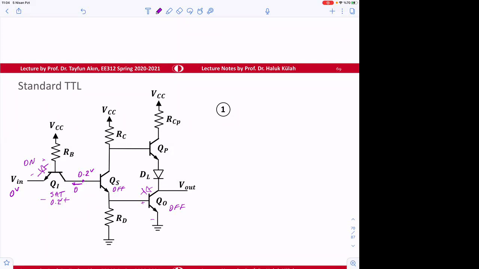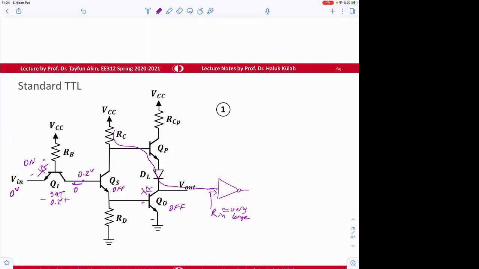Then we have only a current path through here. But this current path is going to be, let's say, there is a next stage Rn. And let's say this Rn is very large resistance, okay? Very large resistance.